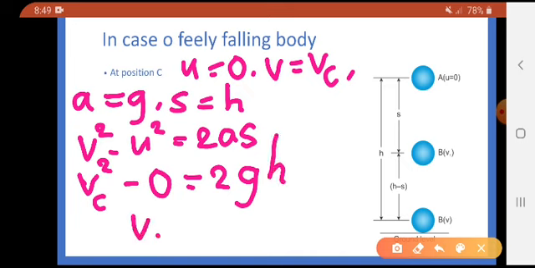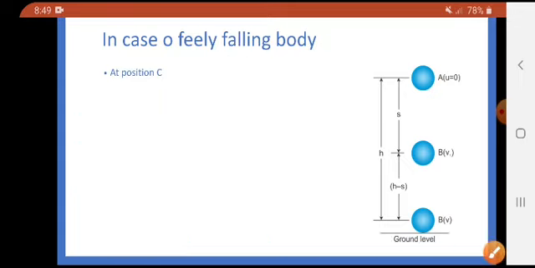So Vc square equals 2gh. No need to take the root, because we need the value of v square. Alright, so now we got the velocity at C.